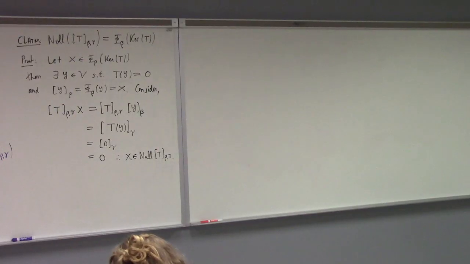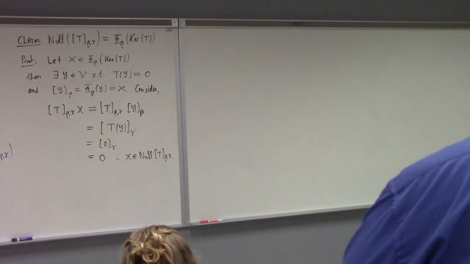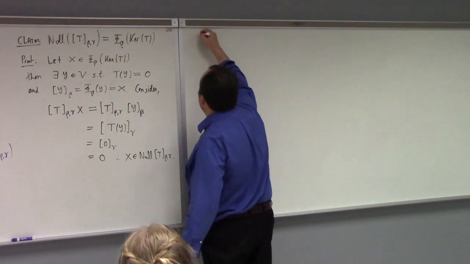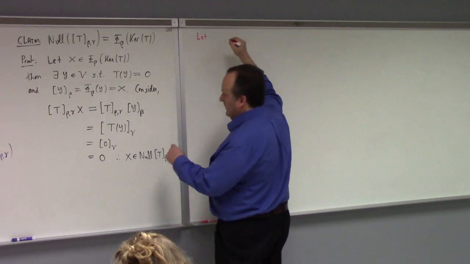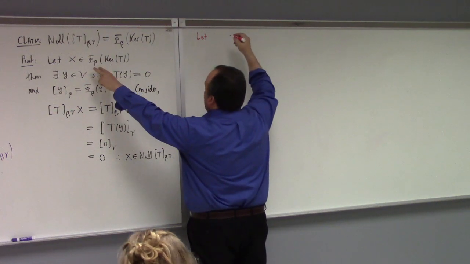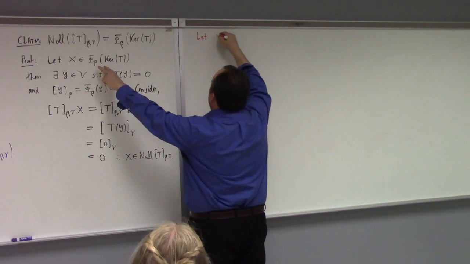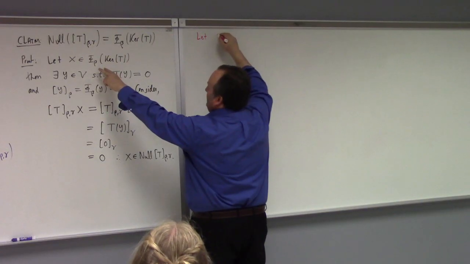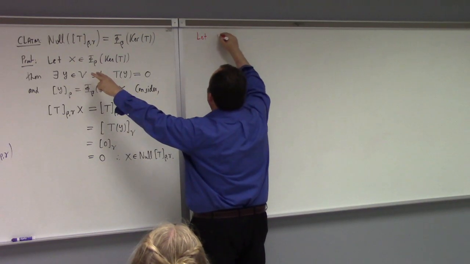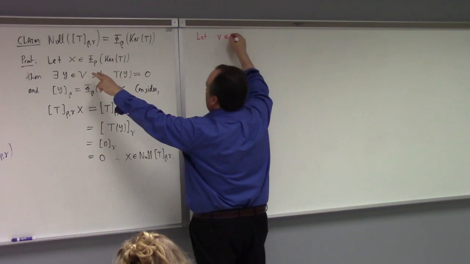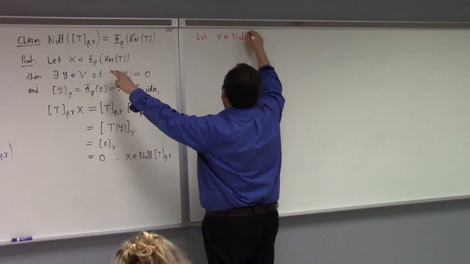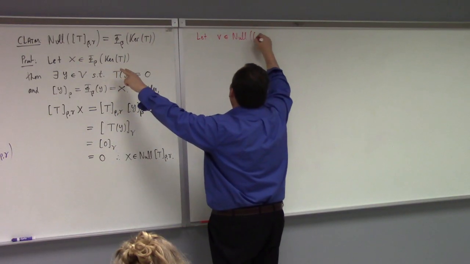We want to prove two sets are equal, so next up we'll let, I'll use a different letter, let me use V as an element of the null space of T_{β,γ}, all right?